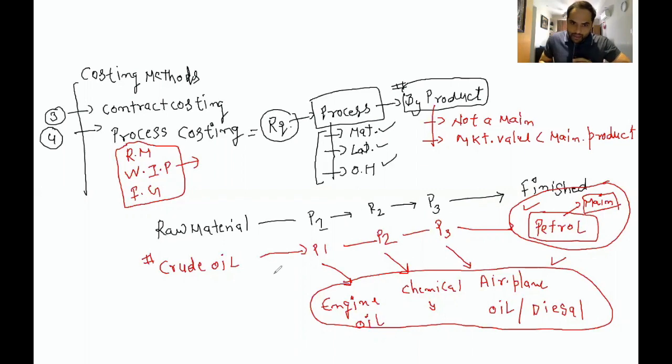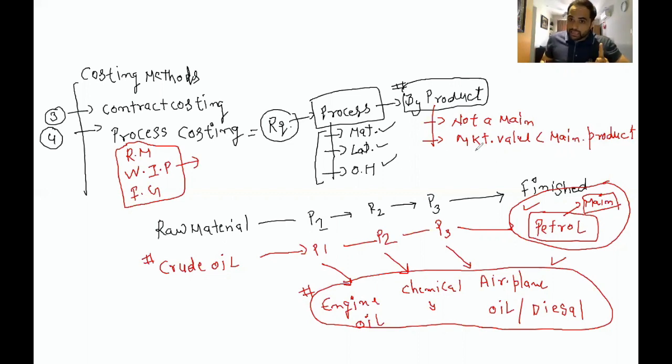Keep in mind, I'm just giving you an example, and don't say that engine oil has more demand compared to petrol. I'm just trying to give an example because I'm not an engineer. I do not know the process. It's just ideas to understand process costing, all right? So just take it as normal examples, not from the engineering point of view.